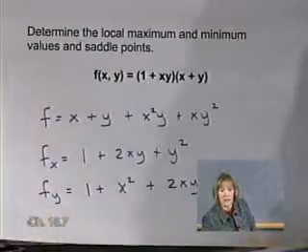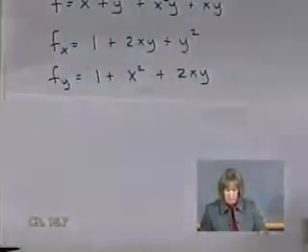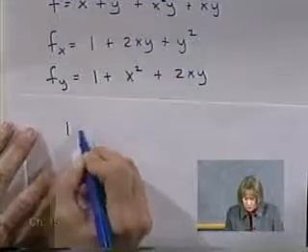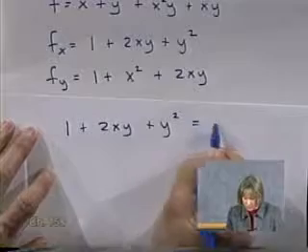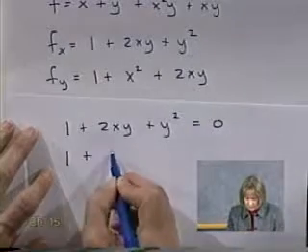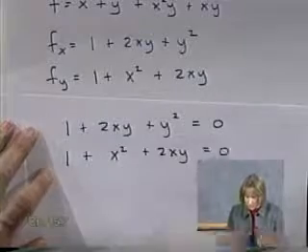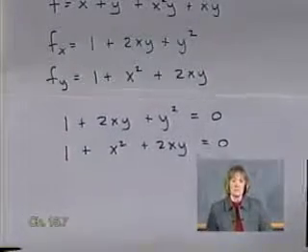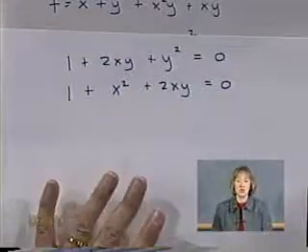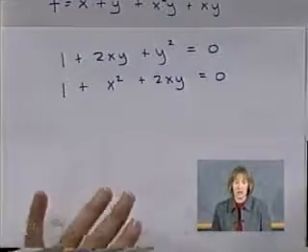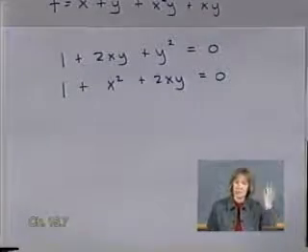Now, first of all, we have to set the first partials with respect to x and with respect to y equal to 0. So I need 1 plus 2xy plus y squared to be 0, and 1 plus x squared plus 2xy to equal 0. Now, if you notice, this is a system, it's called a nonlinear system of equations. Solving for x in terms of y really would not make much sense.